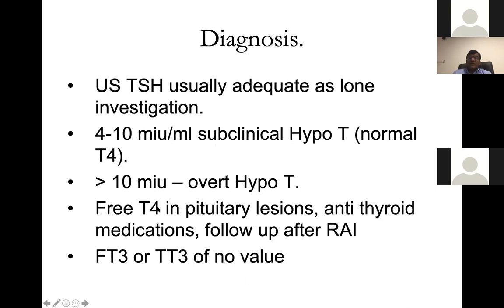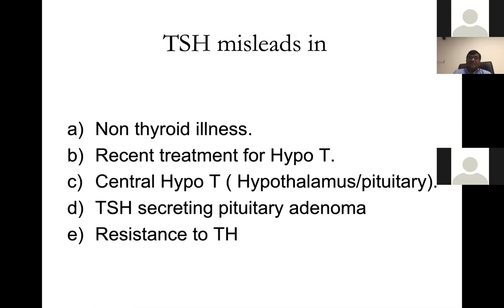So I told you that in pituitary disease, when somebody is on titration doses of thyroxine, you do free T4. Free T3 or total T3 is of no value in the treatment of hypothyroidism normally. And also TSH can be misleading in certain other conditions like non-thyroidal illness.